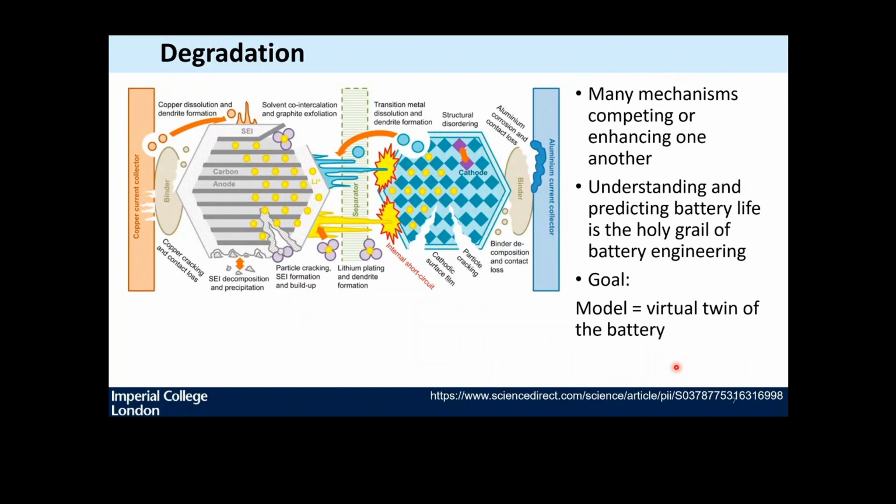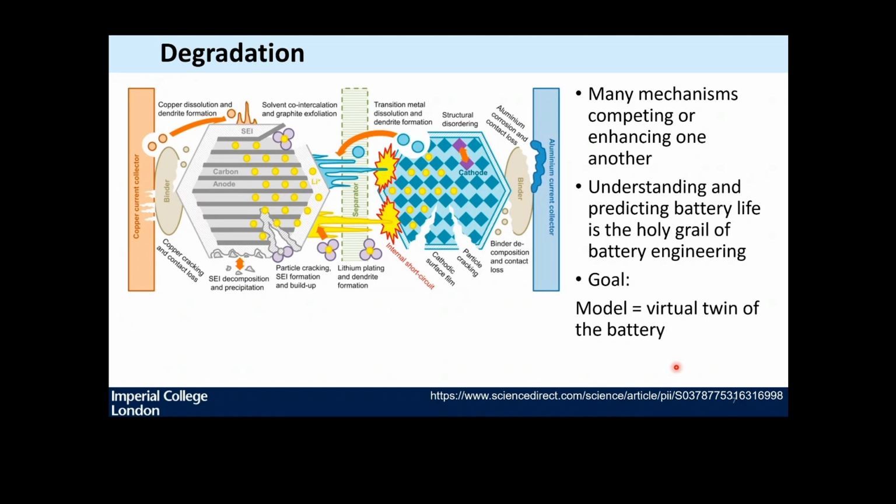I'm not going to give you a lecture on degradation of batteries, but I just wanted to tell you that this is basically the most interesting and relevant current topic in batteries. How do we describe, understand, characterize, and predict not just one single degradation mode that occurs in batteries, but how they affect each other?